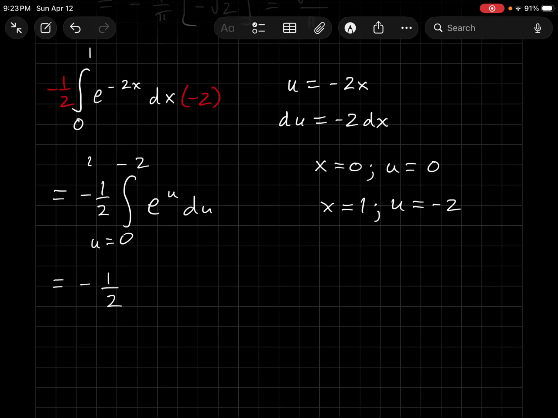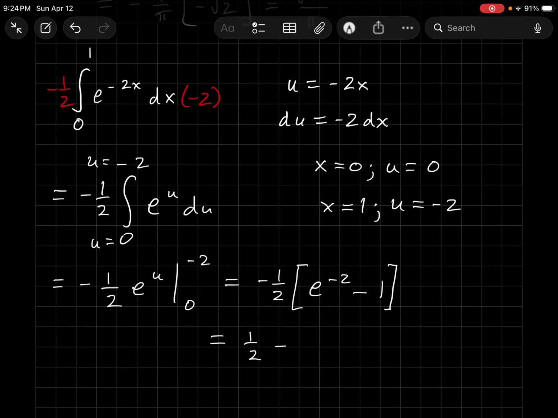I'll put u's just to remind ourselves. The integral of e to the u is e to the u from 0 to negative 2, leaving my constant alone to the end. Plugging in the top limit, we get e to the negative 2 minus e to the 0, which equals 1/2 minus 1 over e squared.